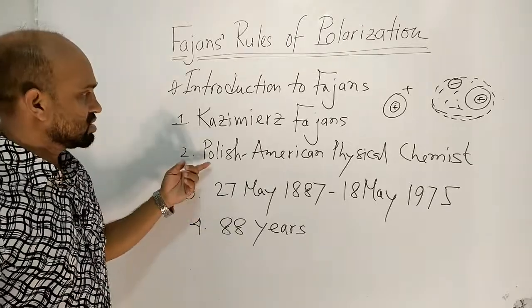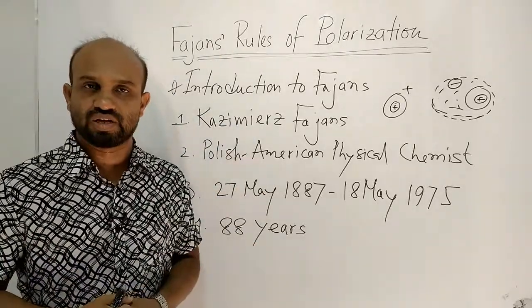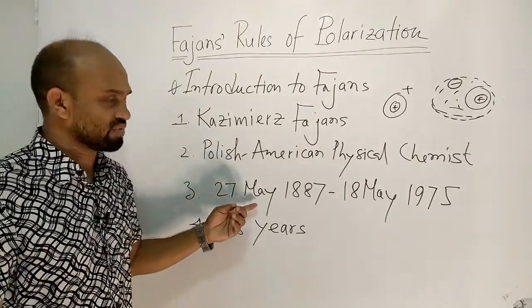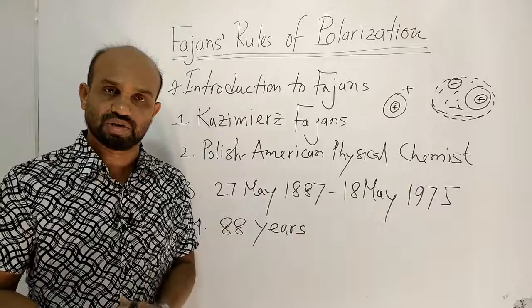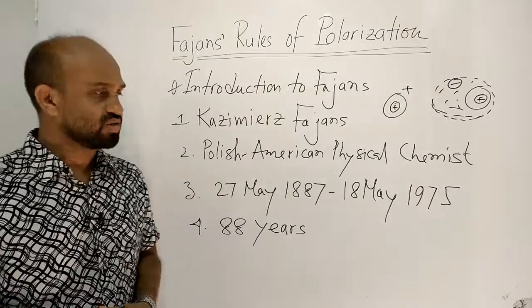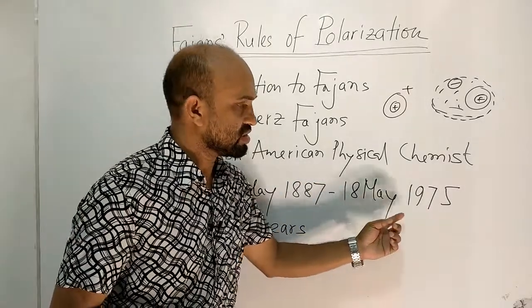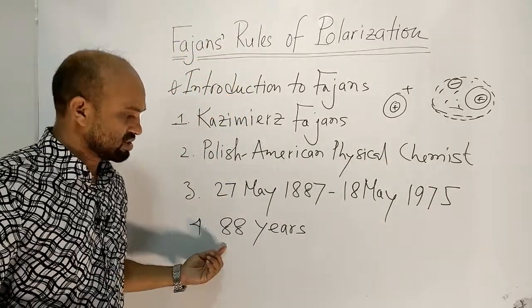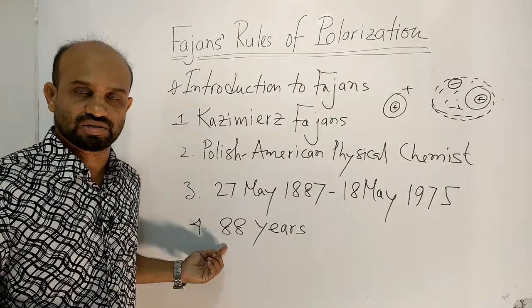He was Polish-American physical chemist. He was born on 27 May 1887 and died on 18 May 1975. Lifespan was around 88 years.